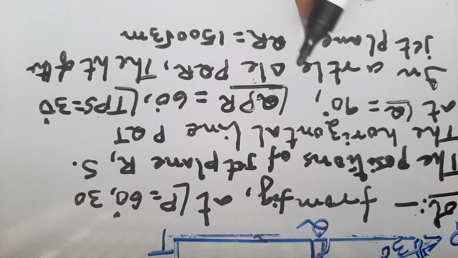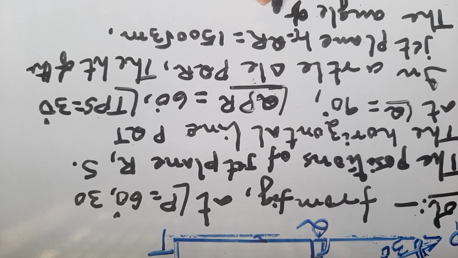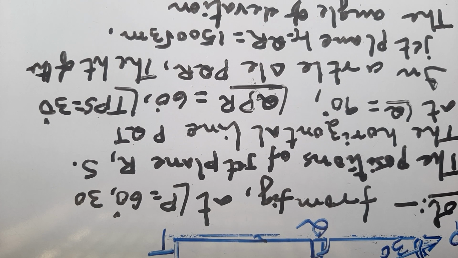Actually it is H. Next, we know the angle of elevation, angle QPR, is 60 degrees.